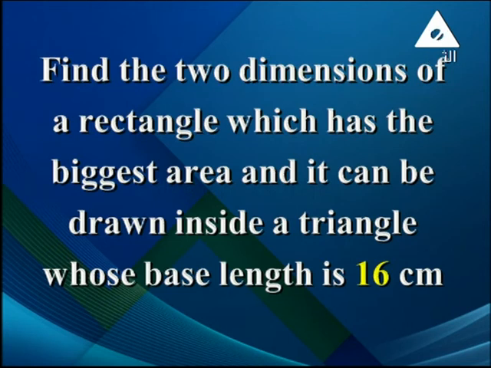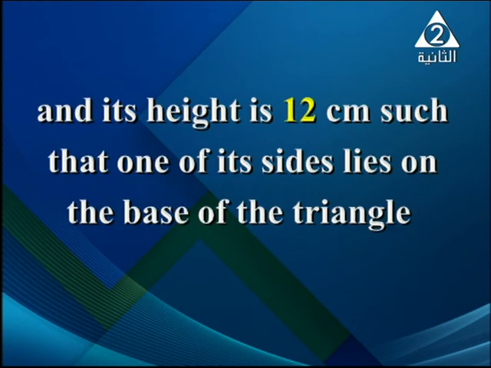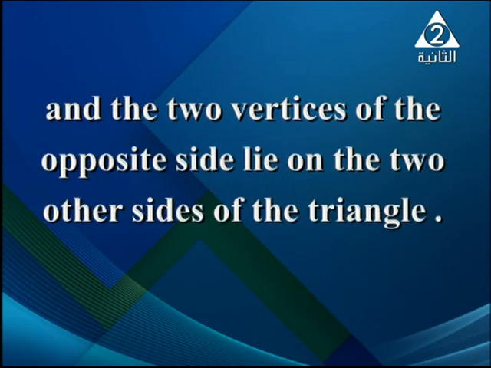Find the two dimensions of a rectangle which has the biggest area, and which can be drawn inside a triangle whose base length is 16 centimeters and whose height is 12 centimeters, such that one of its sides lies on the base of the triangle, and the two vertices of the opposite side lie on the two other sides of the triangle.